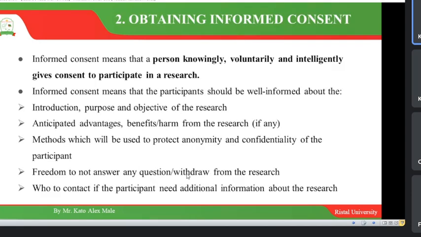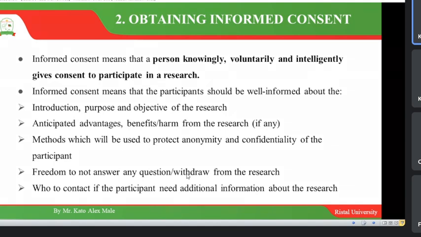The second principle is obtaining informed consent. Informed consent means that the person knowingly, voluntarily, and intelligently gives consent to participate in a research. What do we mean? Explain each and every bit of the research to the participant.